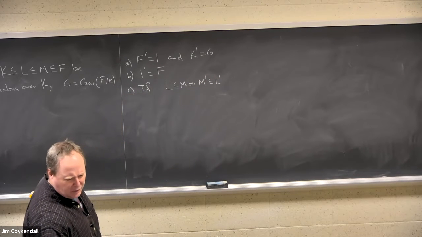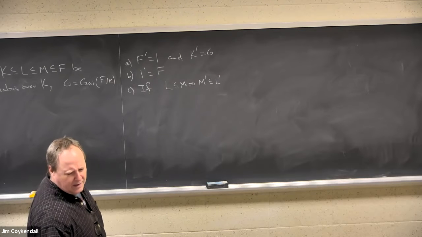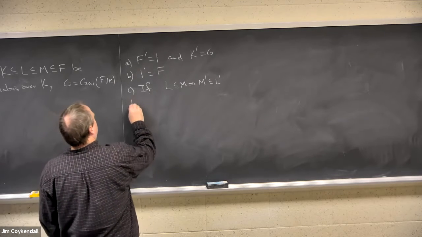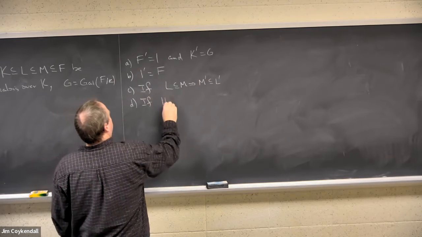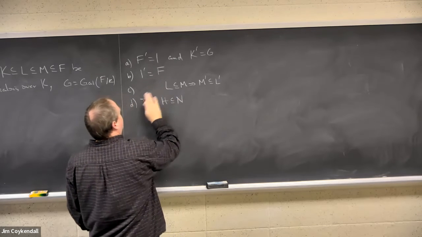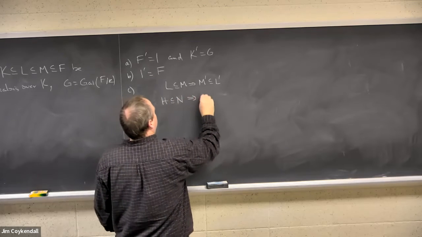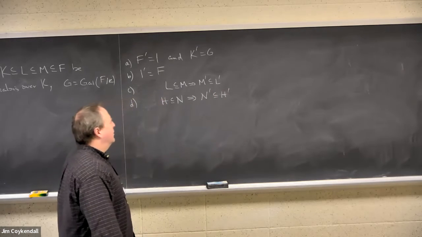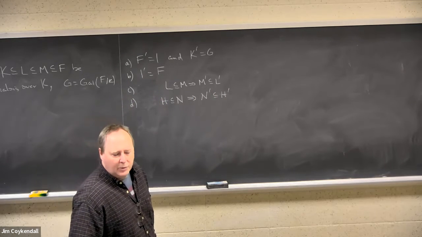I'm not going to use group theory notation, so I won't confuse myself here. If H is in N, then N prime is in H prime. So in other words, these primes reverse order of inclusion.